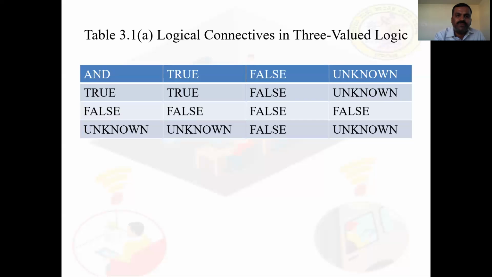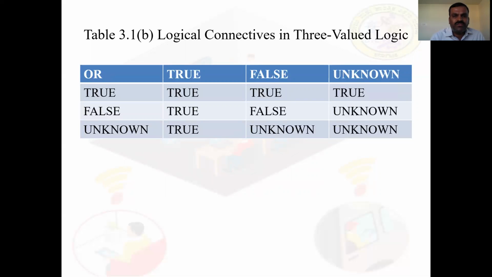False AND false, false. False AND unknown, false. Unknown AND true, unknown. Unknown AND false, false. Unknown AND unknown, unknown. This is the logical connective AND in three-valued logic.